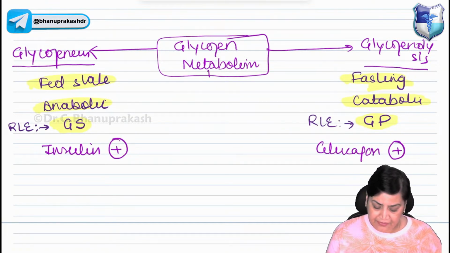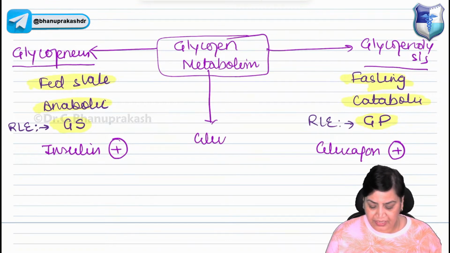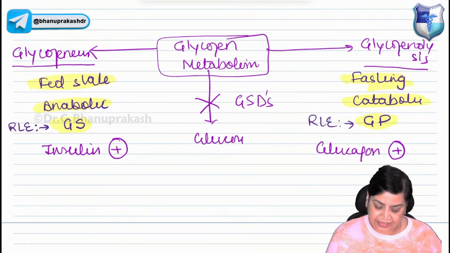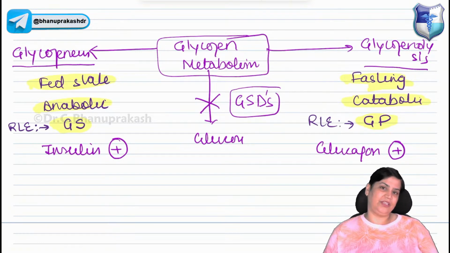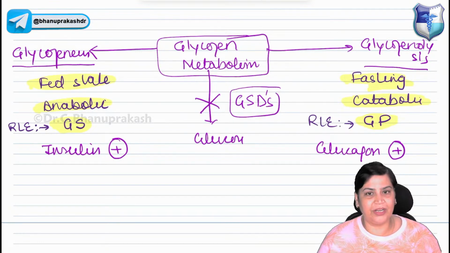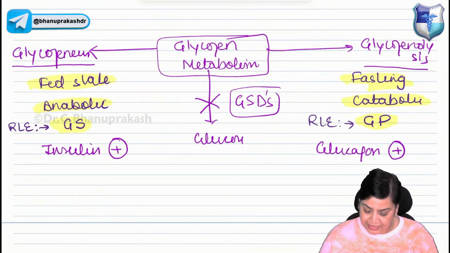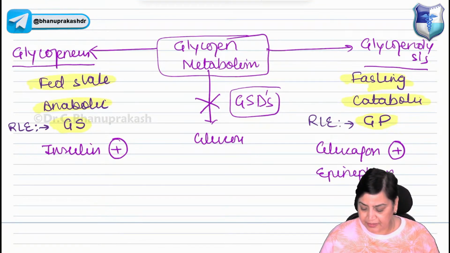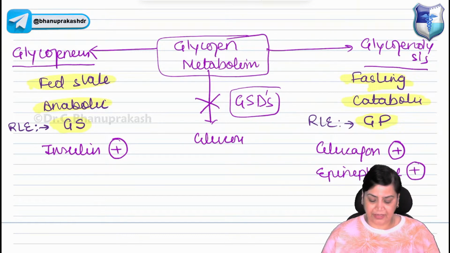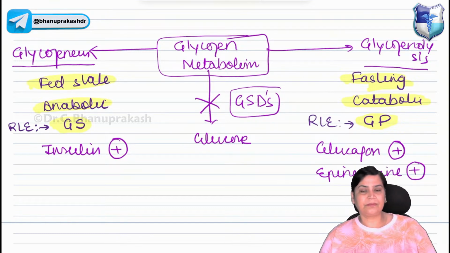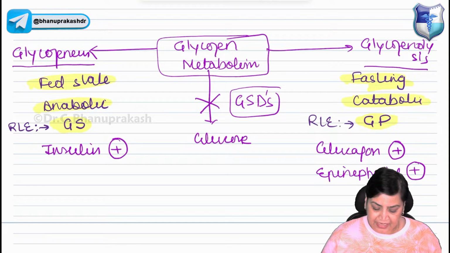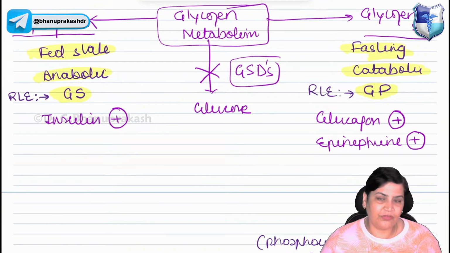And if glycogen is not converted to glucose, then different GSDs occur. Glycogen storage disorders occur, which we have already discussed. So this is the entire summary. I'll just write here also, epinephrine also increases it. So this is the entire metabolism of glycogen.